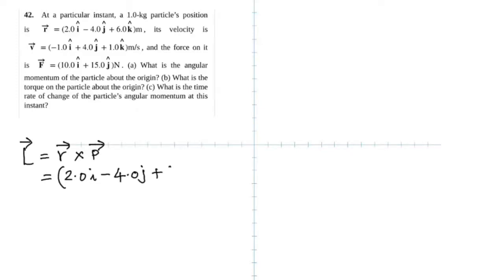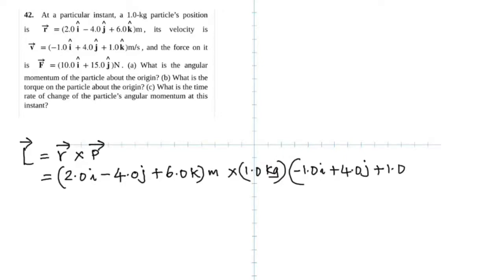So that is the radius or the position vector times mass, which is 1.0 kilogram, times the velocity. Velocity is in meter per second and the position vector is in meter.